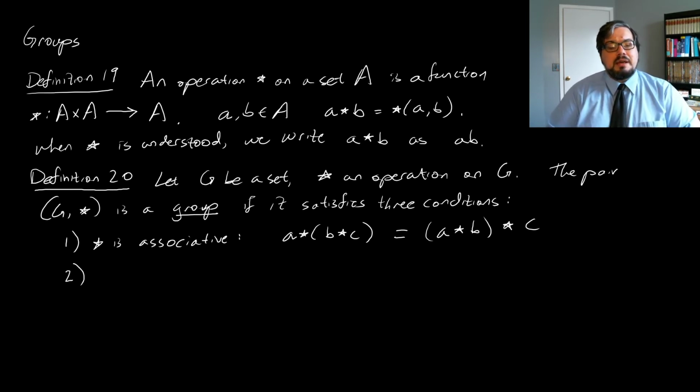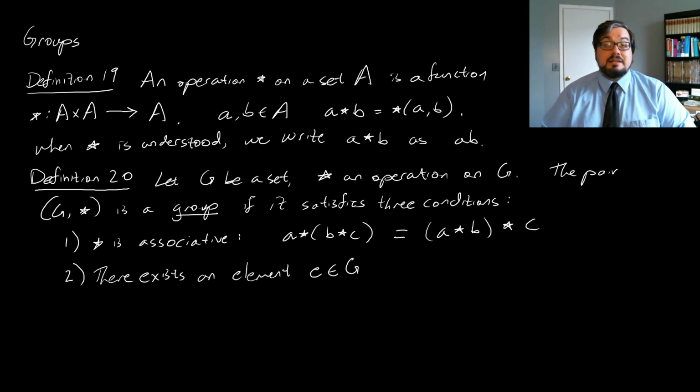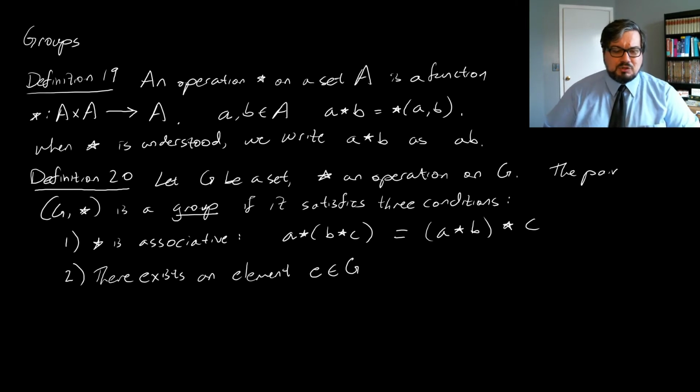Number two, there exists an element e in G, and in this course we're always going to use this lowercase e to represent the element that has the property I'm about to describe.